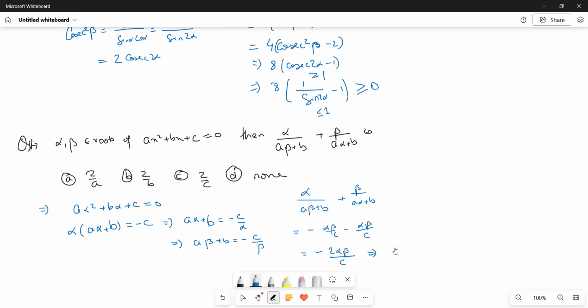Now alpha beta is c by a. So it will end up becoming minus 2c by ac. C cancels over here, and we get the answer as minus 2 by a. So the correct answer is D, none of these.